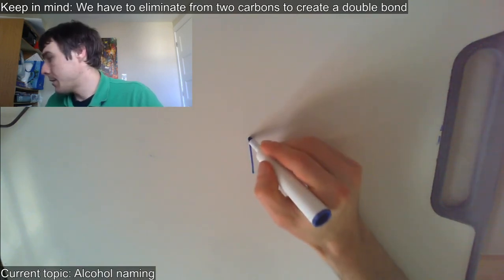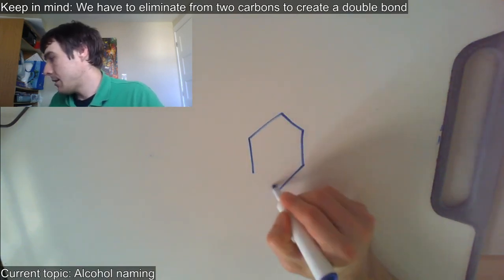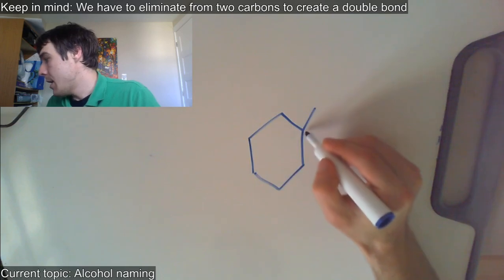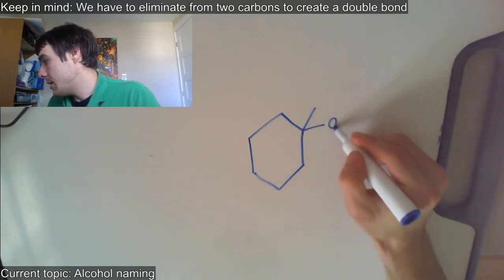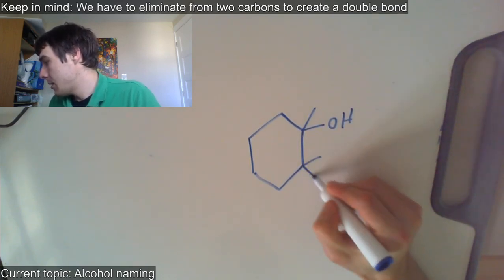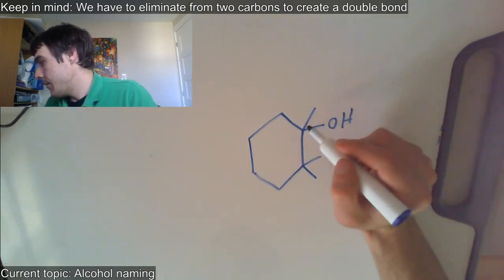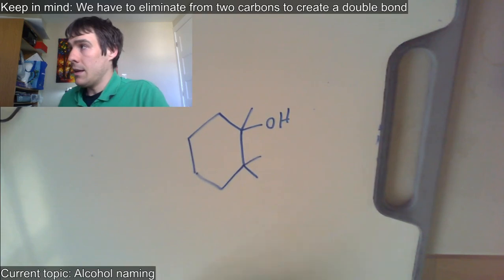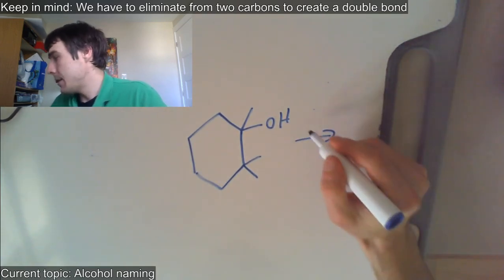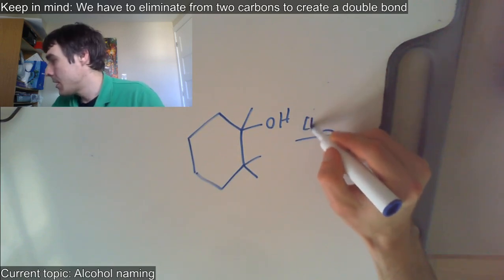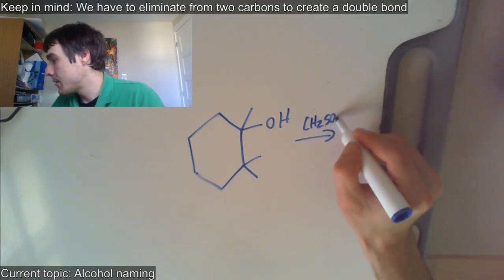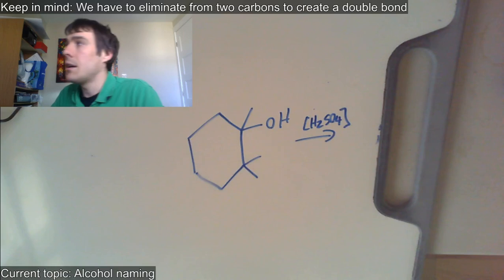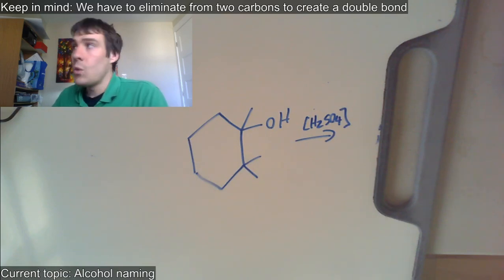So, for example, let's say I had something like this molecule, which is perfectly fine, and I wanted to eliminate it, right? The elimination reaction just calls for a strong sulfuric acid or phosphoric acid, H2SO4. Which product would be favored, right?